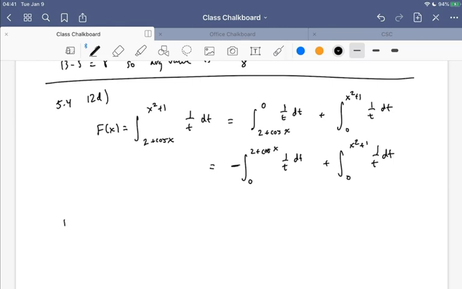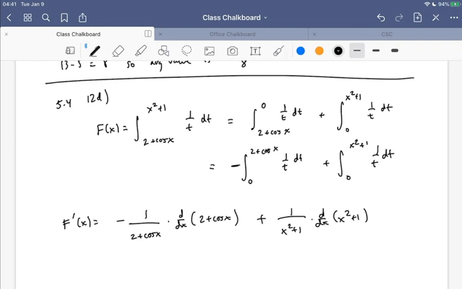All right, so then the fundamental theorem says that we get negative 1 over 2 plus cos x times the derivative of 2 plus cos x, plus 1 over x squared plus 1 times the derivative of x squared plus 1.